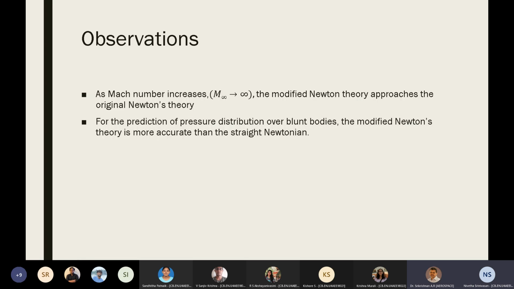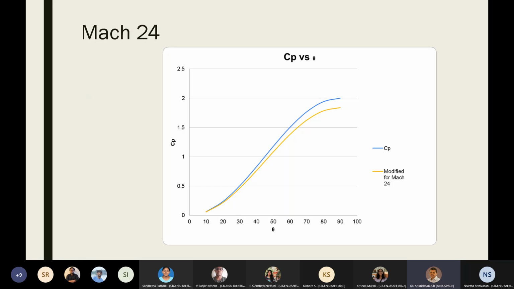Can you go to the previous slide? What is your observation about the dependence of theta on CP for different Mach number ranges?